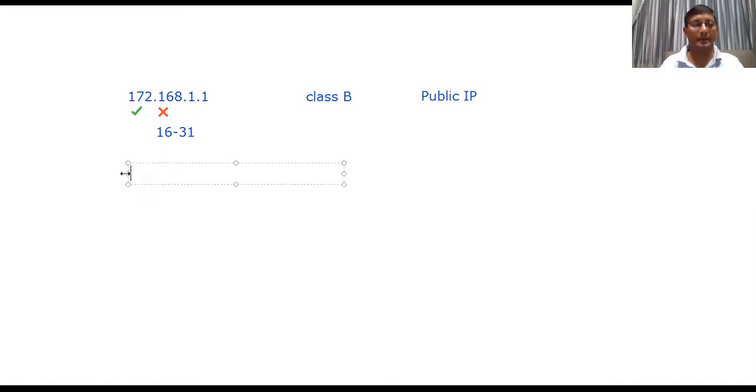Okay, now I am giving another example: 170.25.1.1. What is this, private or public? First it is class B, no doubt about that. Whether it is private or public, how to check? 170. The first condition failed, right?